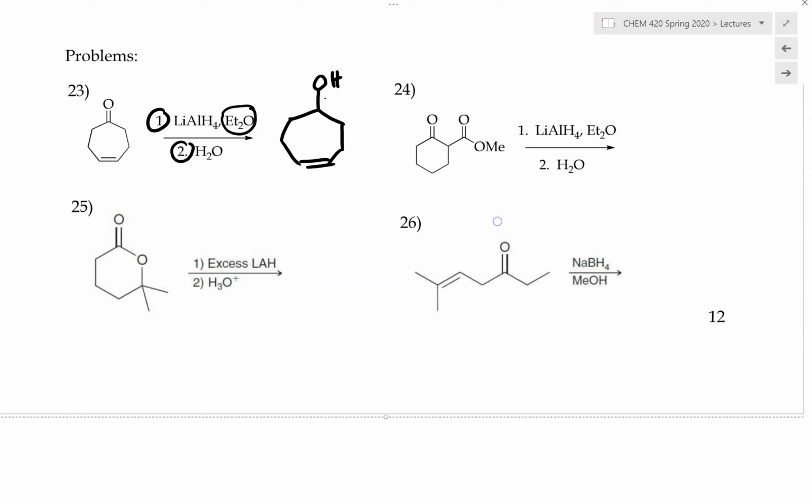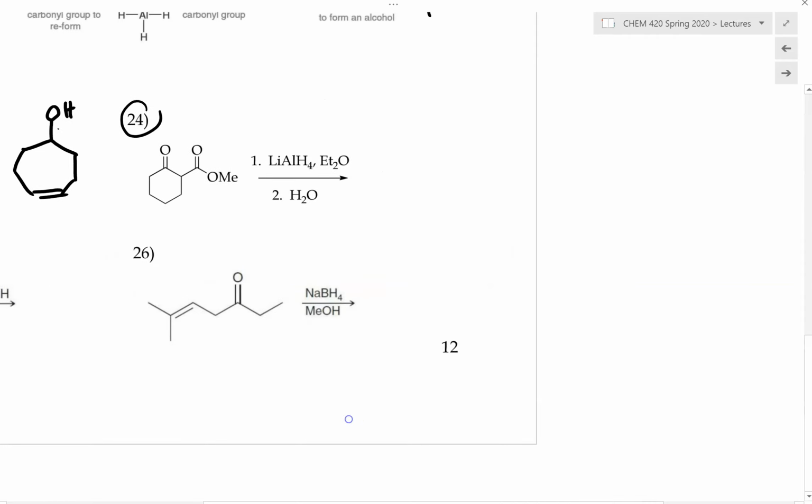Now let's try example number 24. In this case, we have the same substrate that we saw in the previous example, and now we're treating it with lithium aluminum hydride. So we know that this can reduce both the ester and the ketone. It will come in and react with both of these carbonyl carbons.